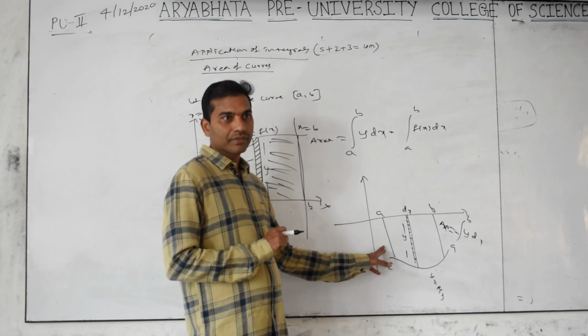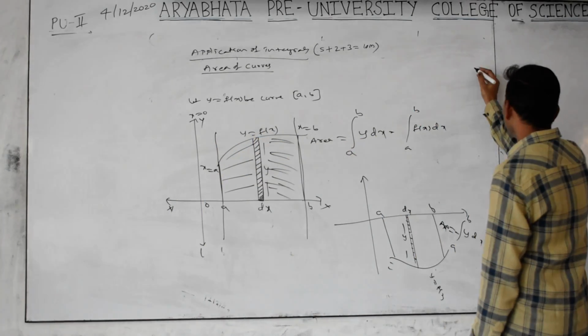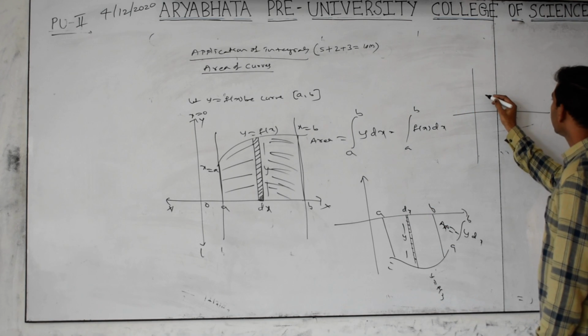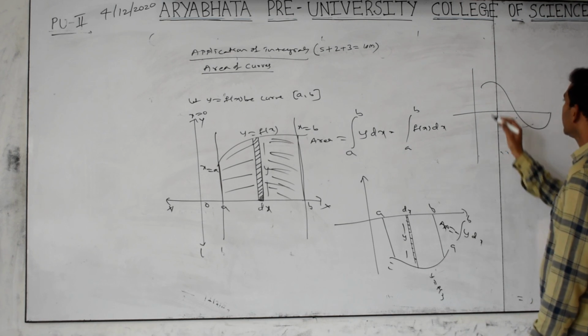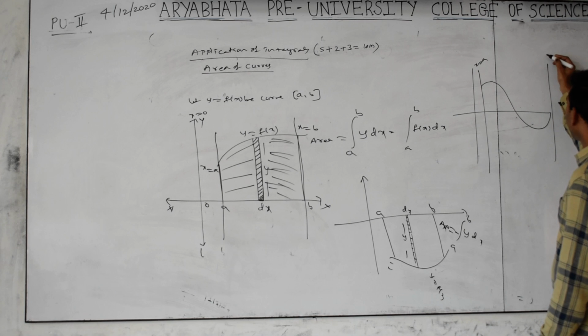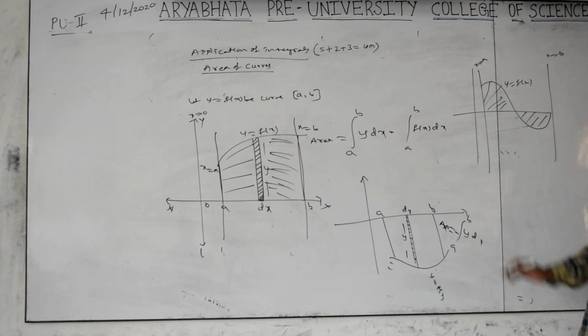That's why. Okay. Next, for example, the curve may not always be like that. The curve may be like this. This is a, this is b. This is x equal to a and this is x equal to b. This area is under y equal to f of x.